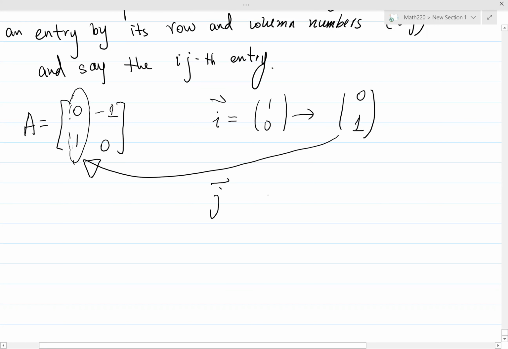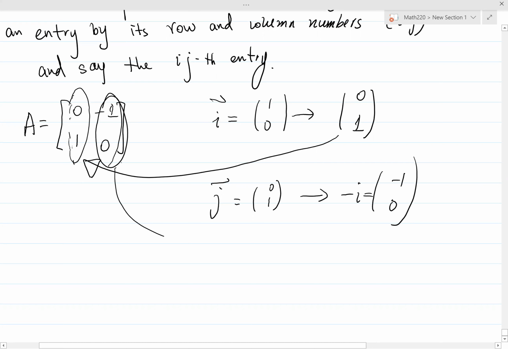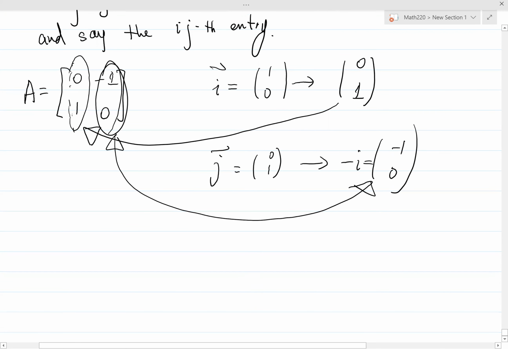J is 0, 1. It maps to negative I, which is negative 1, 0. So we put the second column to be exactly the output of J. So this matrix A contains all the information of this transformation. Does that make sense? It tells you the result of I and the result of J, and any other vector you can determine by I and J.